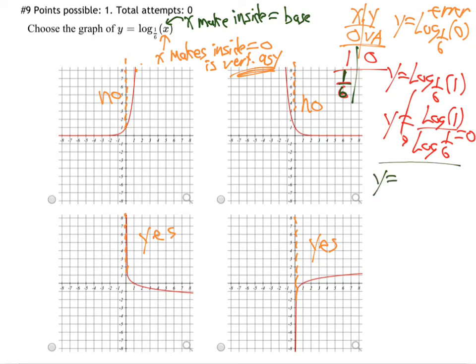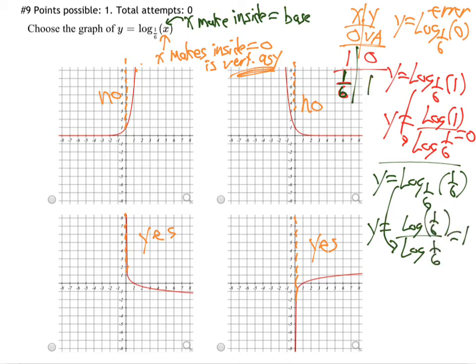Then we get y equals log 1/6 of 1/6. So now the inside matches the base. So you make this into 2 logs, a fraction with 2 logs. The base goes to the bottom. The other one's on the top. That's 1. So over 1/6, over just a little bit, up 1.